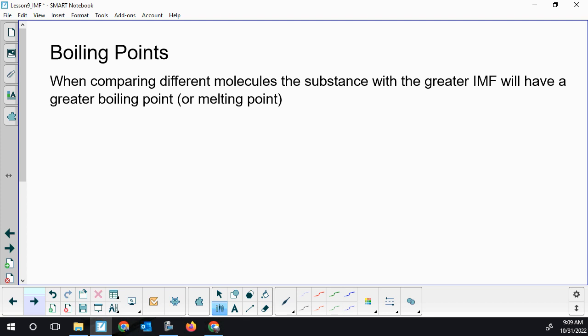So now I'm going to give you some pairs to compare. I'd like you to figure out the forces between each of the molecules and then which one would have the greater boiling point. So your first one is CH4 versus C5H12.